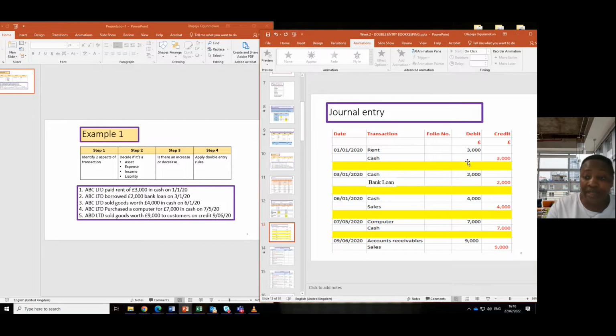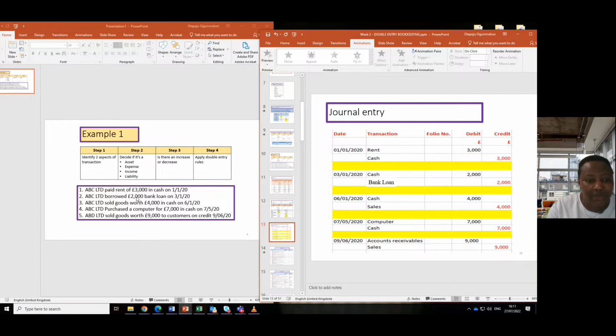So therefore, rent should be debited while cash should be credited. So you see that those two entries, we have then recorded in our journal entry here. In our journal entry, we have the date, the description, the folio number, the debit and the credit side. So that's what we have in our journal account. And here we have the rent and the cash for the first transaction.